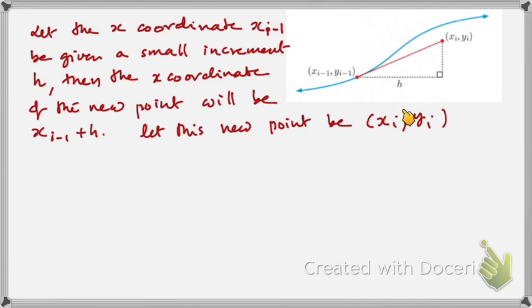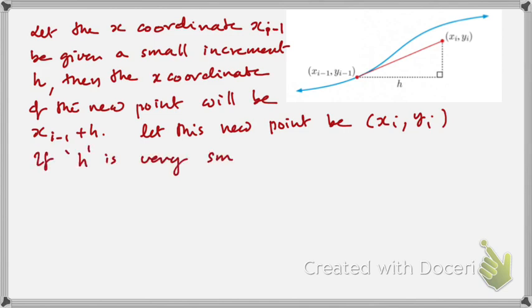After I give a small increment of h to x_{i-1}, I have a new x value, but what is the corresponding y value? I want to find a method to find that y_i value without solving the given differential equation. This is going to be our approach.